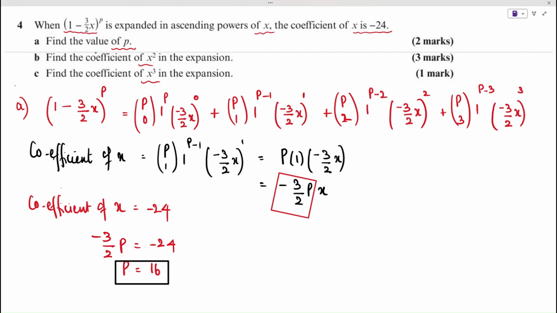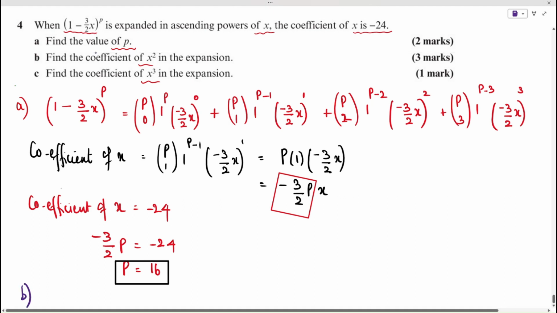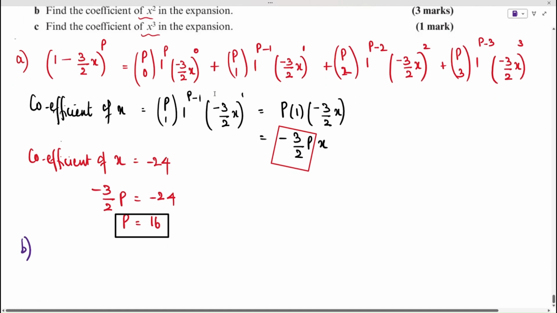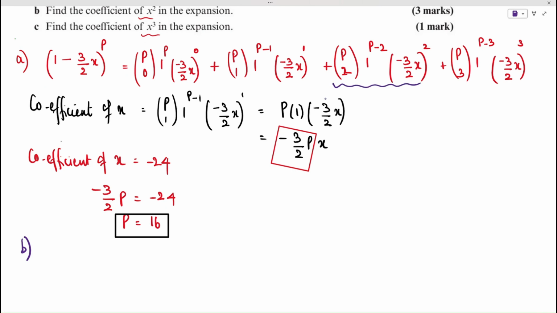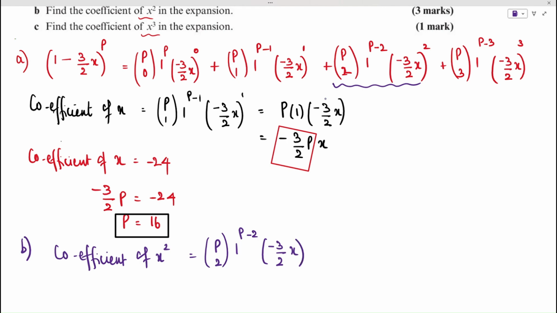Now for part B, we have find the coefficient of x squared in the expansion that we have. So we've already got the expansion of x squared here, which is p choose 2 times 1 to the power of p minus 2 multiplied by (minus 3 over 2x) to the power of 2. And so what we're going to do is substitute our values in. So we know that p is equal to 16.